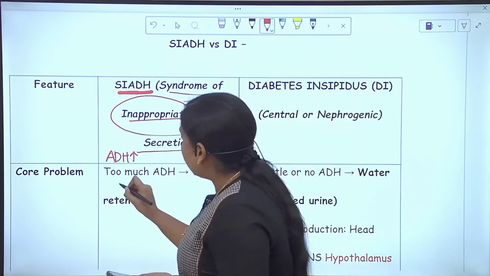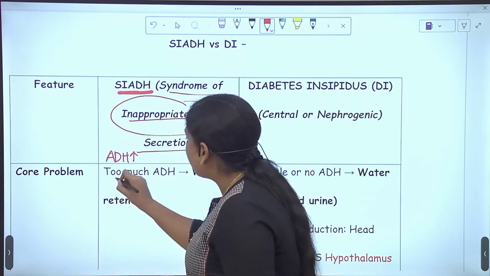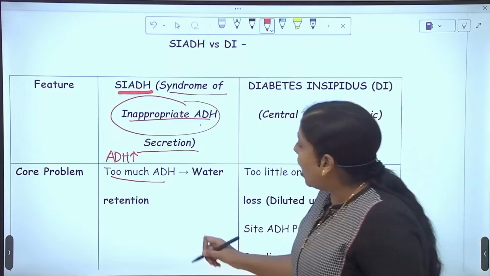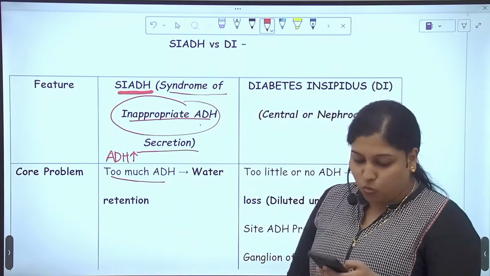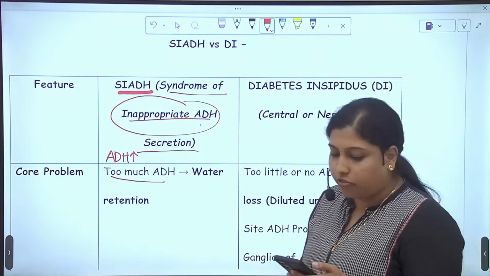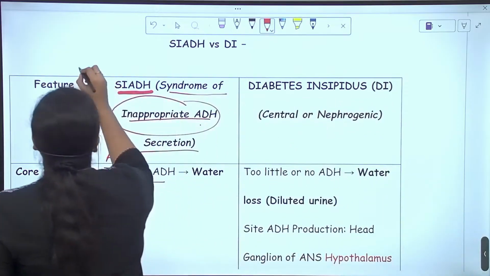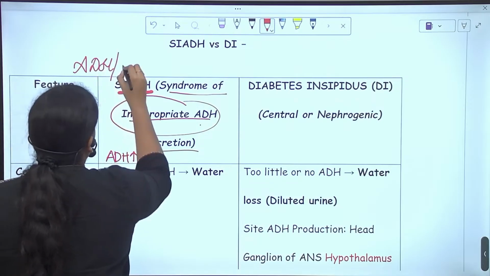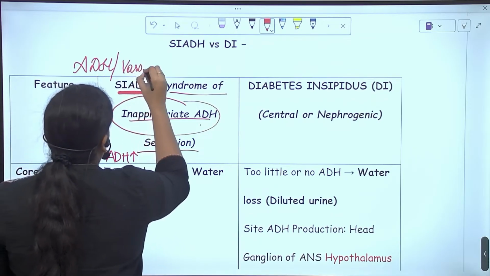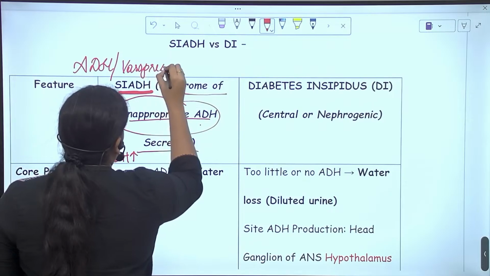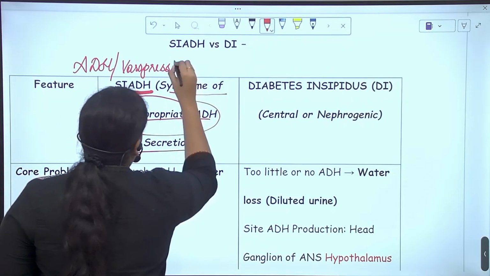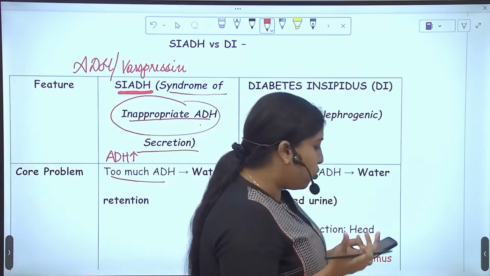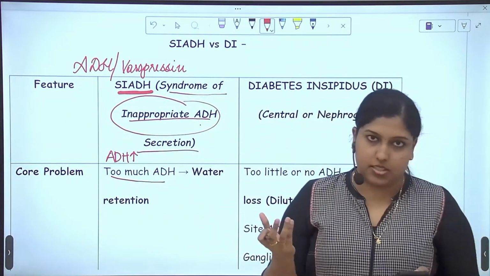As the definition implies, it is too much of ADH. What is the other name of ADH? Vasopressin. As the name implies, ADH has two important components.